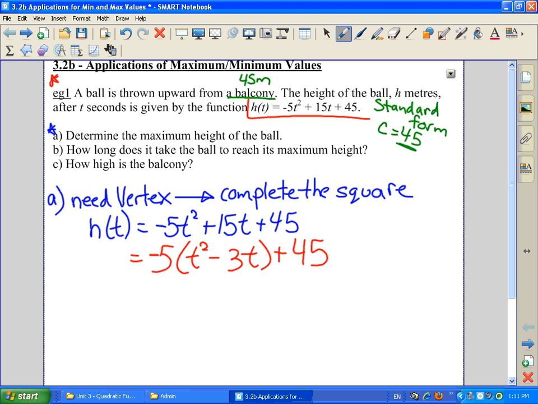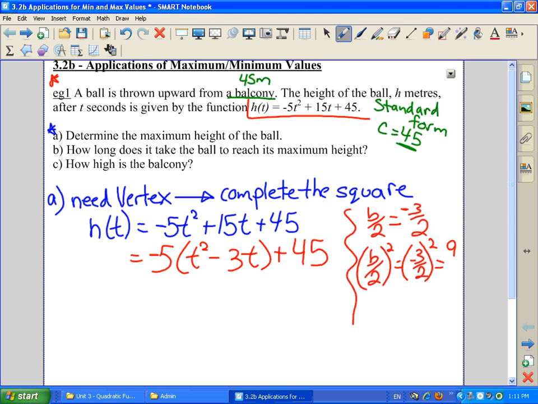And again, we leave the 45 out because it's not going to be part of our perfect square. Then in the side margin, we're going to do our b divided by 2 business, and then take b divided by 2 and square it. So b divided by 2 is going to be negative 3 over 2. Then you take negative 3 over 2 and you square it. It's going to equal 9 over 4.